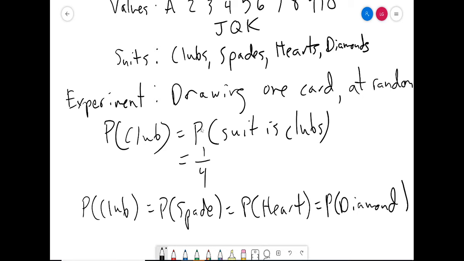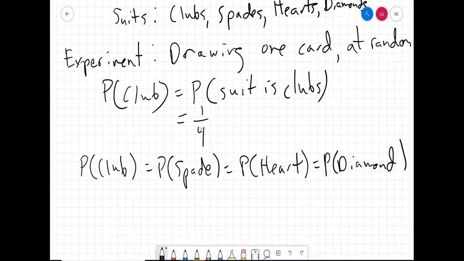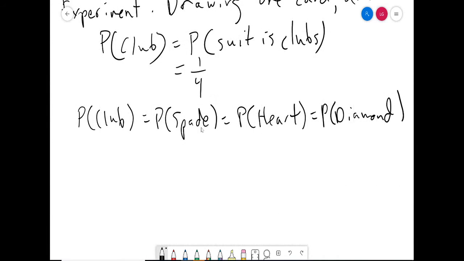That's kind of a hallmark thing of the theoretical probability space for a deck of cards. There's no stacking of the deck, right? Each of these 52 cards is as expected, and therefore there are 13 clubs, 13 spades, 13 hearts, and 13 diamonds. So the probability when you draw one at random of being any particular suit is equally likely, 1/4.